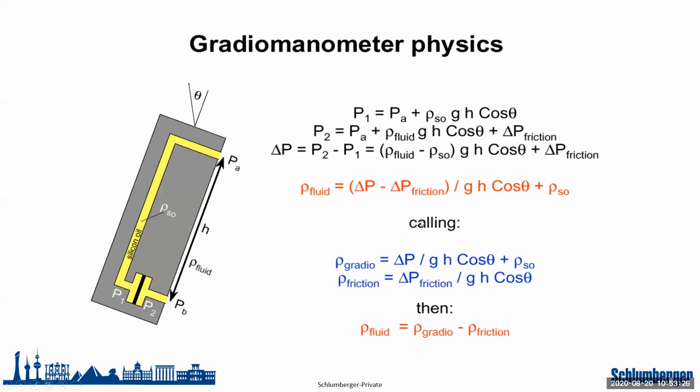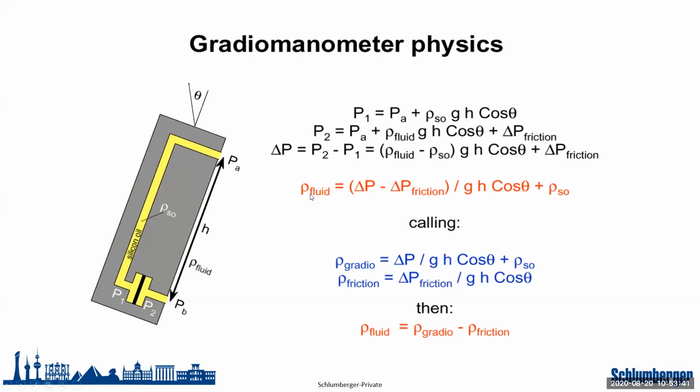At the end of the day, what do we want to obtain from the Gradiomanometer, and use for interpretation? It is the density of the fluid in the wellbore, the density of the fluid that is around the tool.